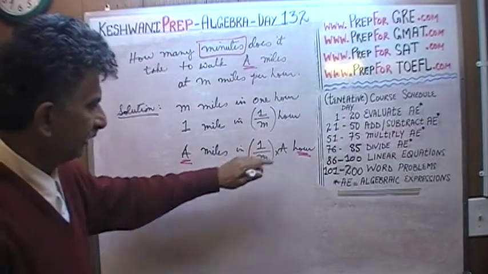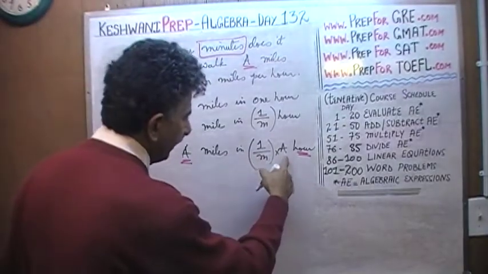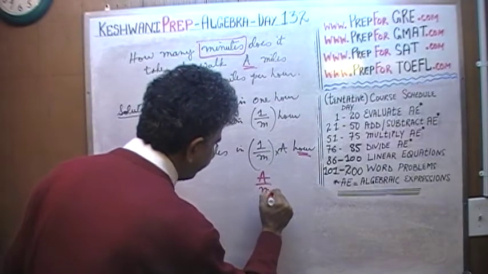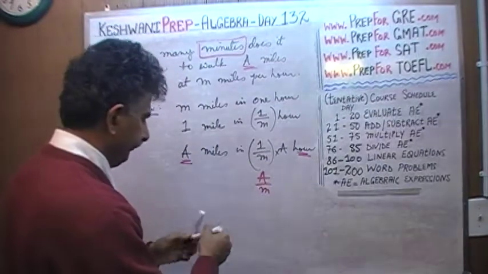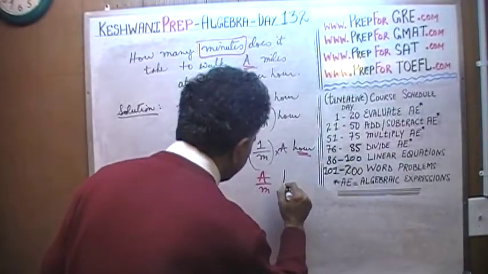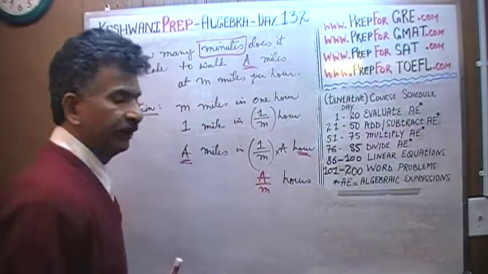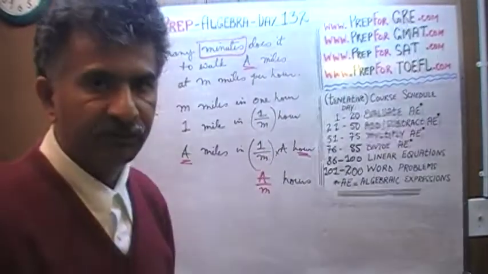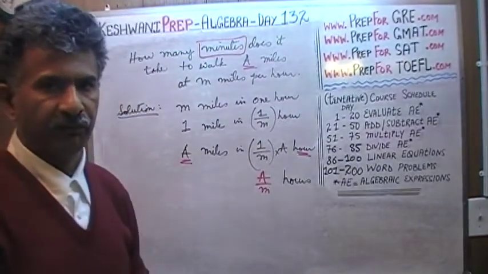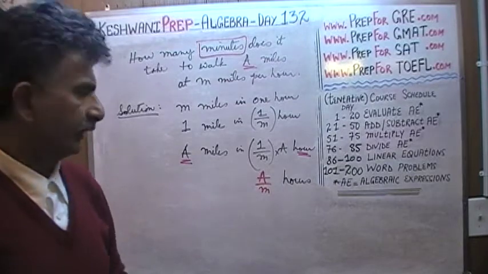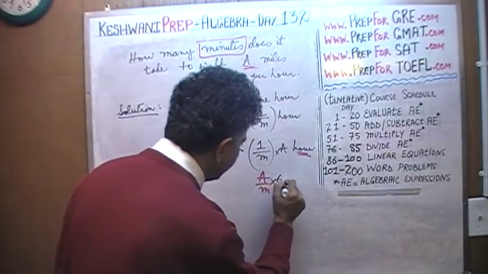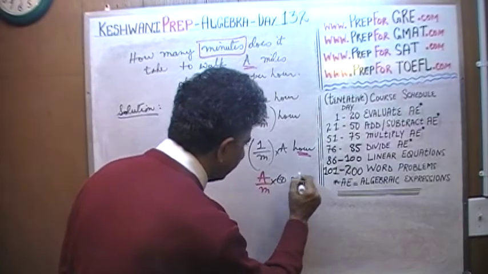This quantity that you see there, 1 over M times A, is the same as A over M hours. That's how it stands right now. But we cannot state our answer in hours. The question asks us for minutes. How many minutes does it take? So we have to simply multiply that by 60, and now it is expressed in minutes.